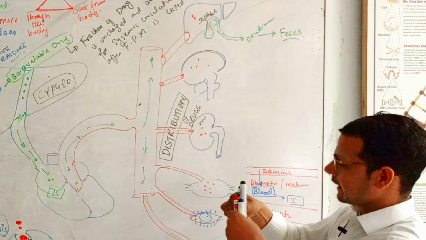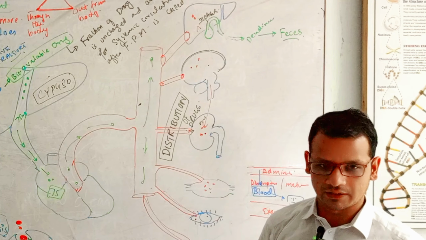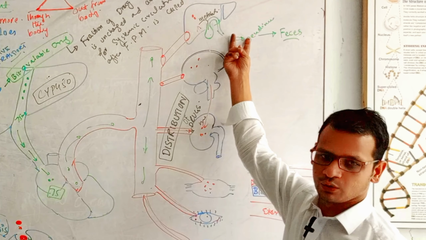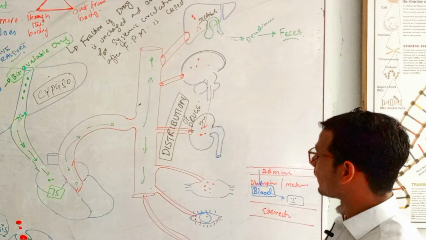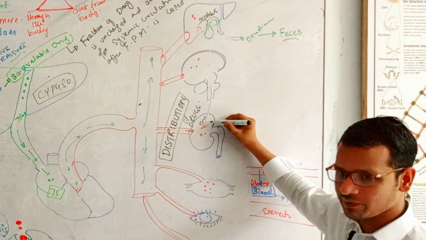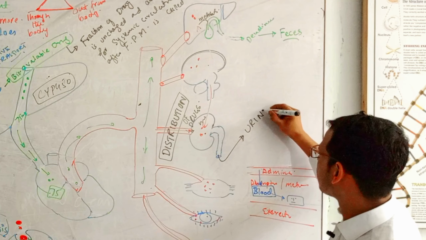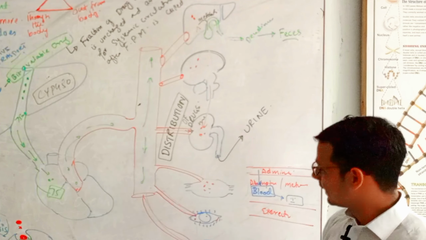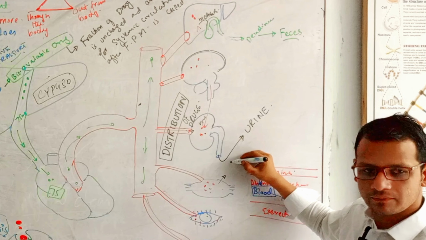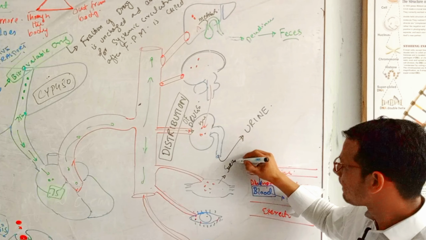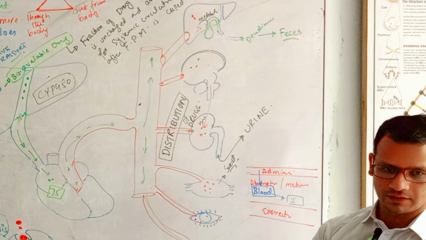From here the drug can go to the liver, it can go to the kidney. If it goes to the liver, it will follow the GI, and if it goes to the kidney, it will follow urine, right? The drug metabolites present in the kidney will be excreted, or will leave the body, through urine, right? In muscles, it can be excreted in sweat, because the drug is near the skin, right?